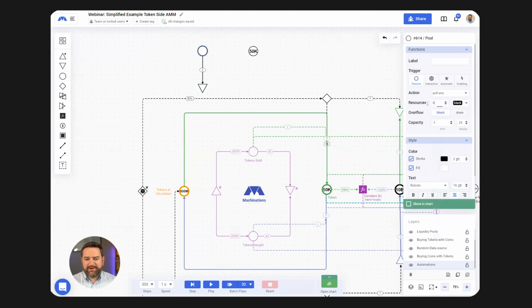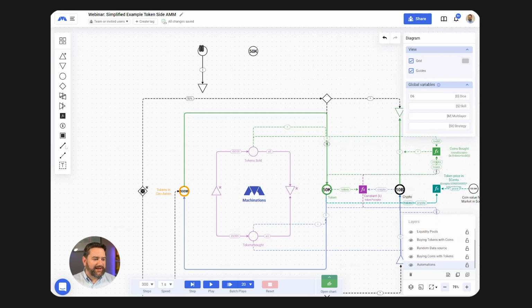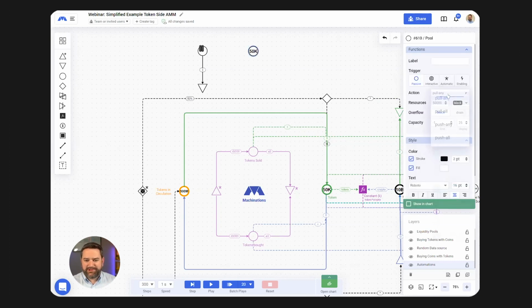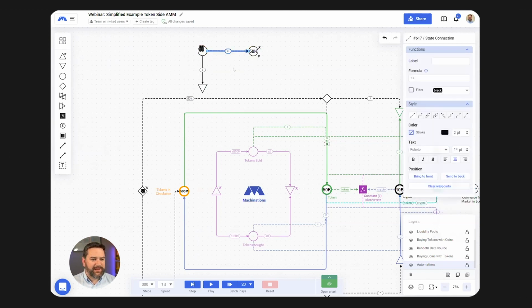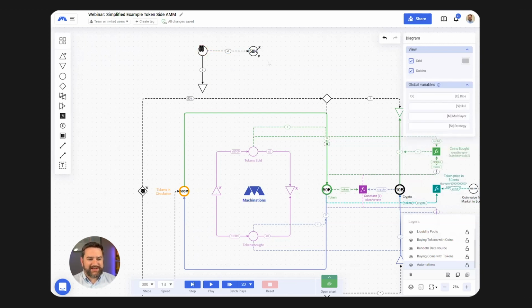So I'm going to say, right, 10 days in, this is going to be set to push, and it's going to be automatic, and it's going to trigger when this pool is less than 1. So once this pool is empty, it's going to send these resources into my token sold.